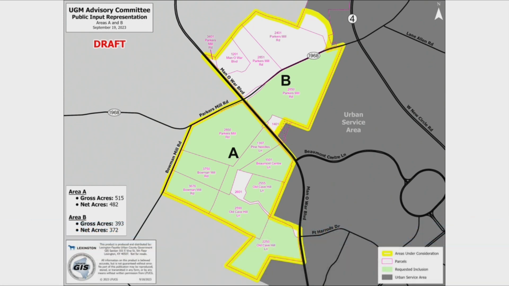So, just reviewing quickly, A, B, C clockwise. The properties on the west side of town, the ones indicated in green, were represented at the public input meeting by their owners or their representatives saying they want to be included in the urban service area and they are prepared for development.